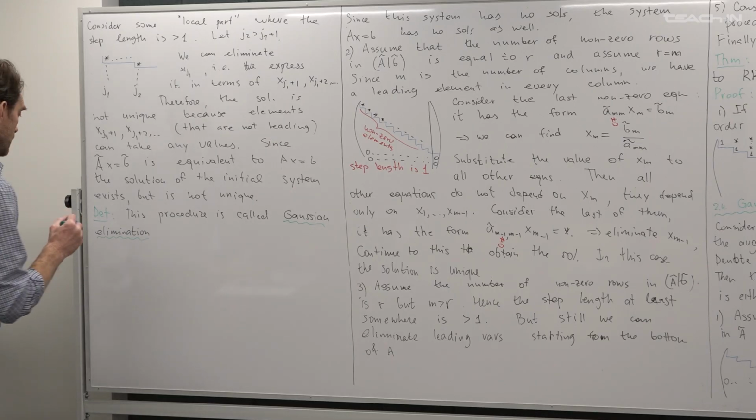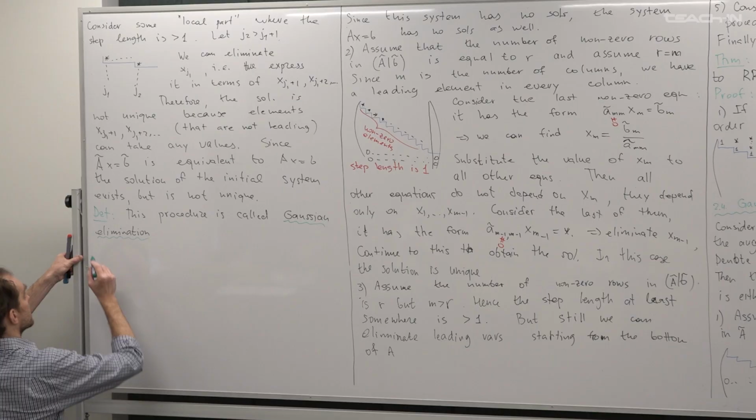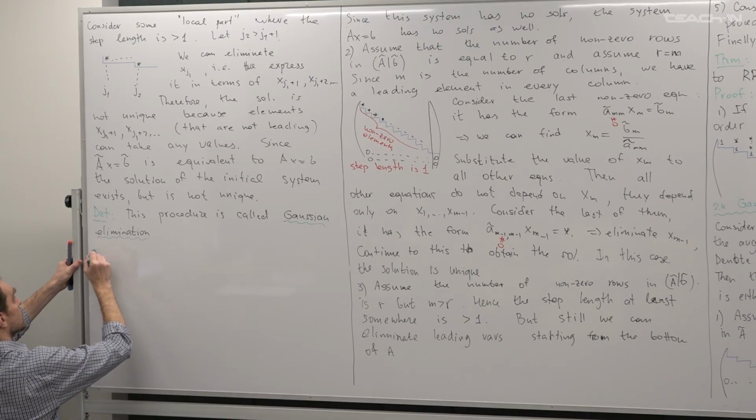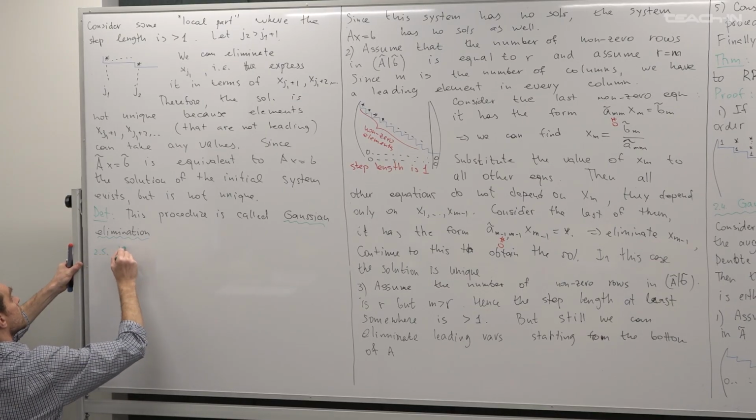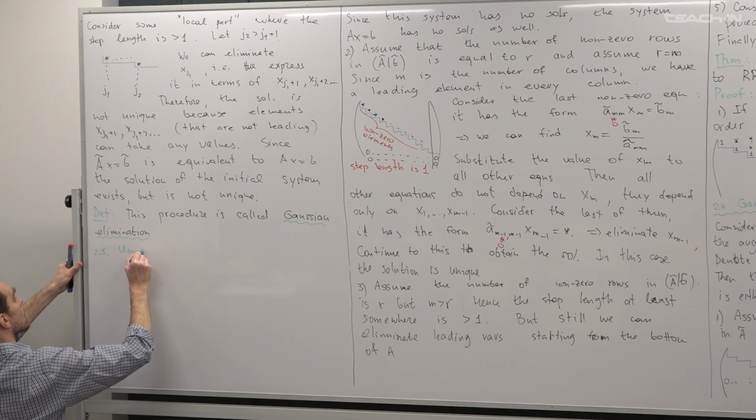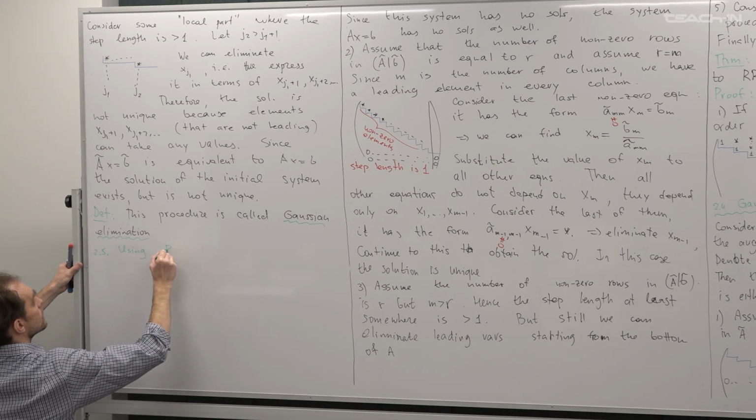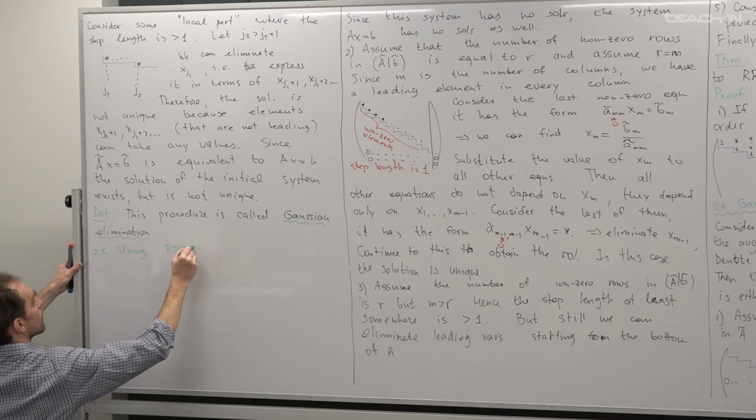But first, let me start the next subsection, 2.5, using reduced row echelon form.